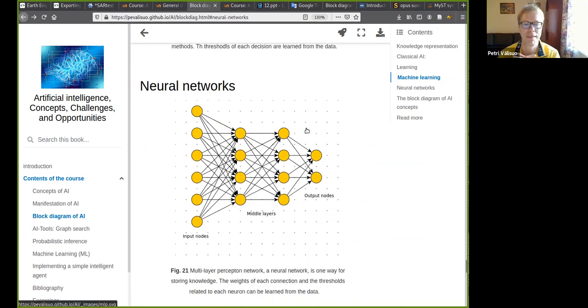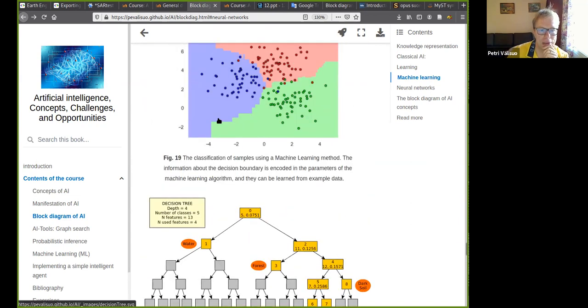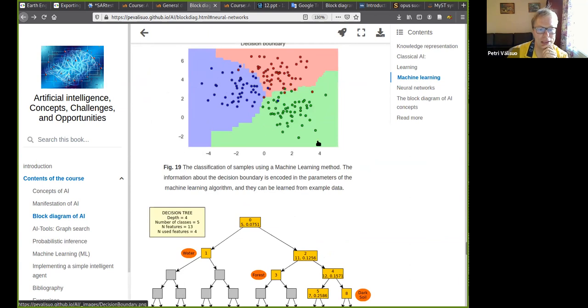Then also neural network is a way of encoding information on the domain for decision-making purposes. And the neural network is some kind of structure like this, that you have, like here we had 2 different features, 2 different diseases.